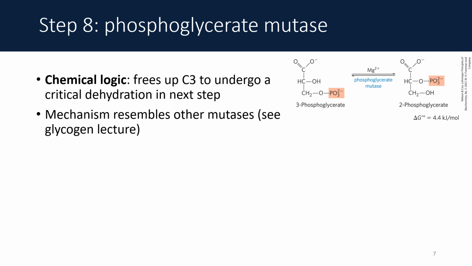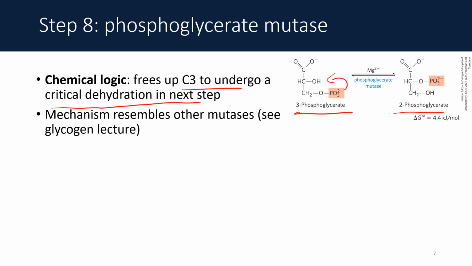Step 8, phosphoglycerate mutase takes our 3-phosphoglycerate and it will move the phosphate to the 2-carbon position, giving us 2-phosphoglycerate. The chemical logic here is that by transposing our phosphate group to the secondary alcohol, it's going to free up C3 to undergo a critical dehydration in the next step.